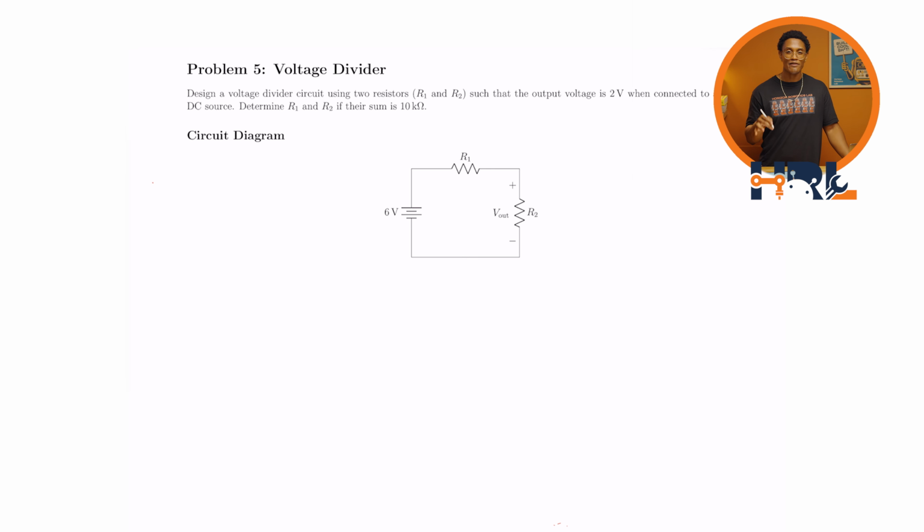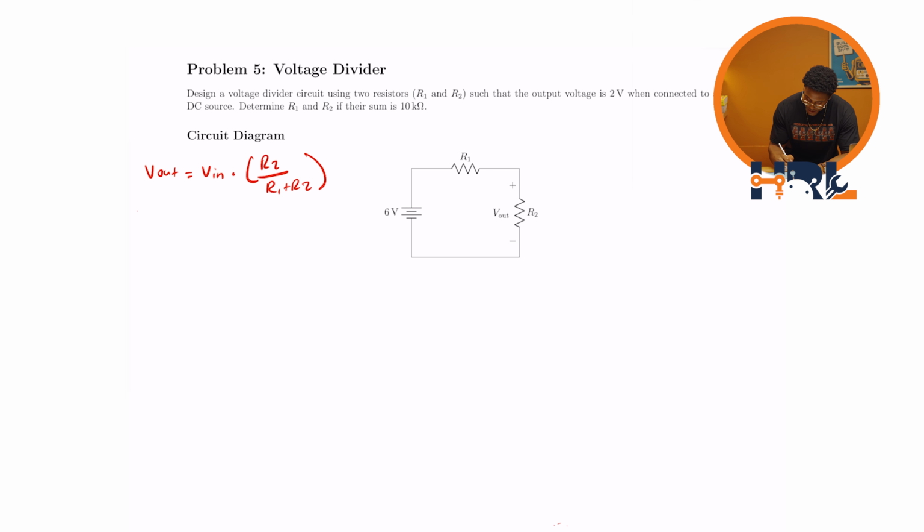Let's write down everything that's been given to us in the problem statement. For starters, we're going to write out the equation that we'll be using. We'll be using the voltage divider equation. So we have V out is equal to V in times R2 divided by R1 plus R2.